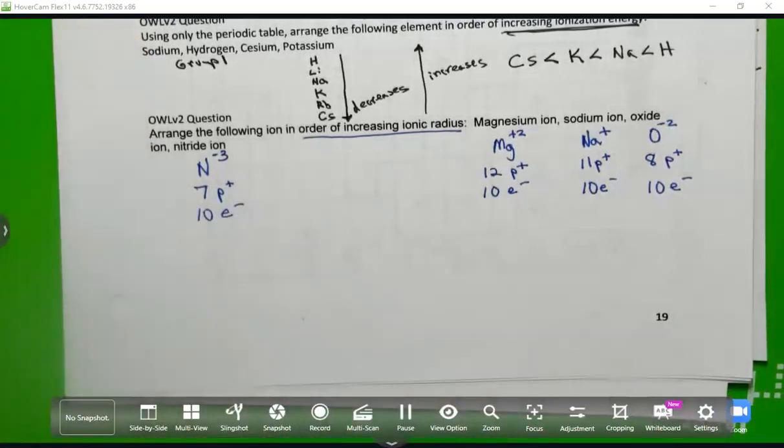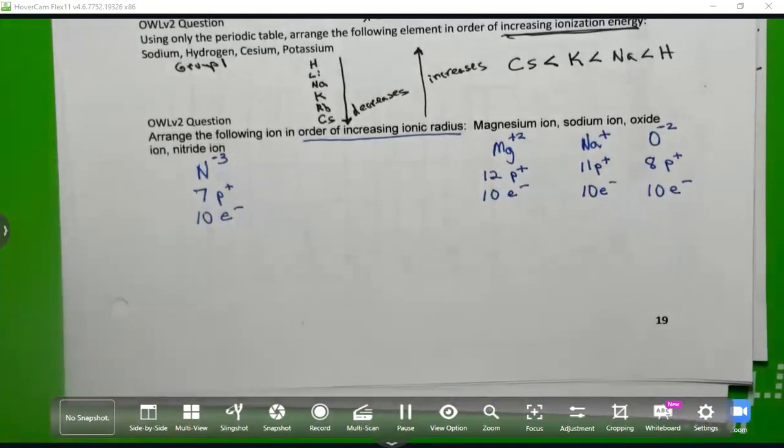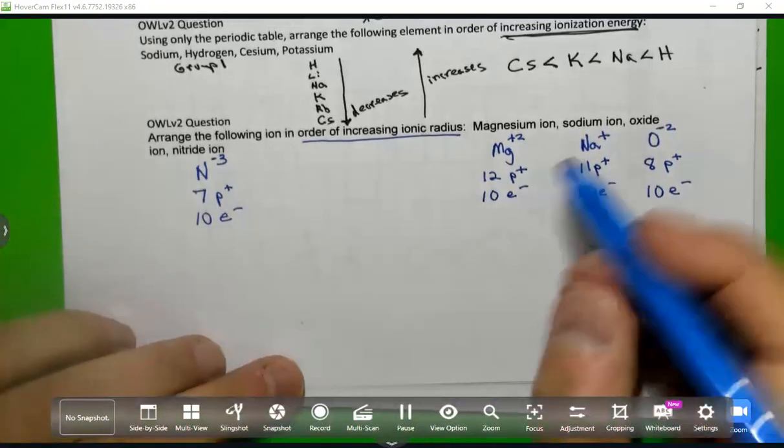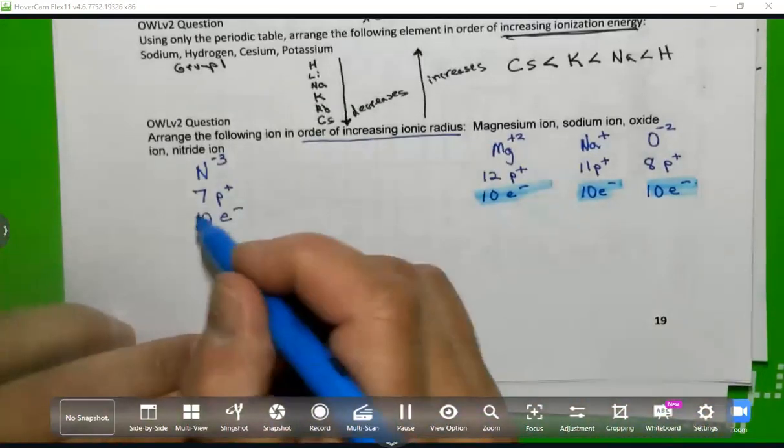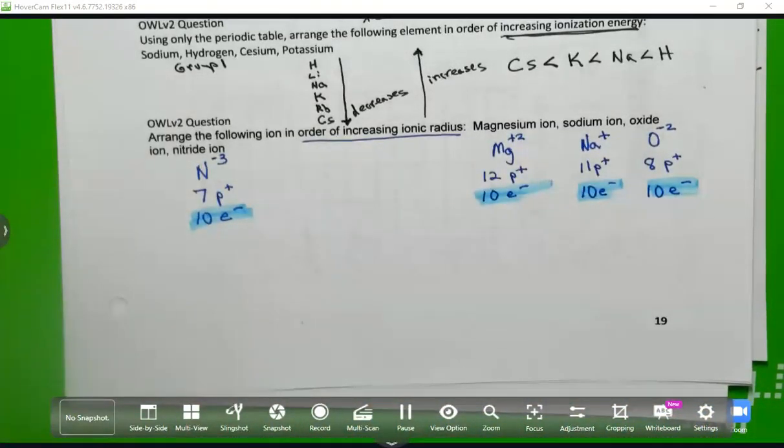We've got 10 electrons here. These have the same electrons. These are isoelectronic, the same number of electrons.